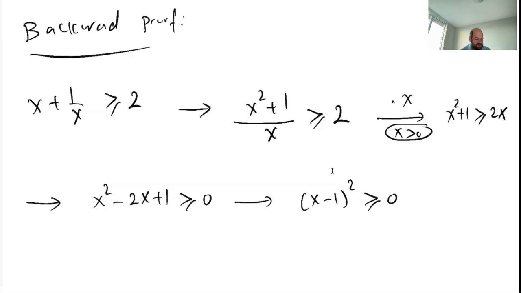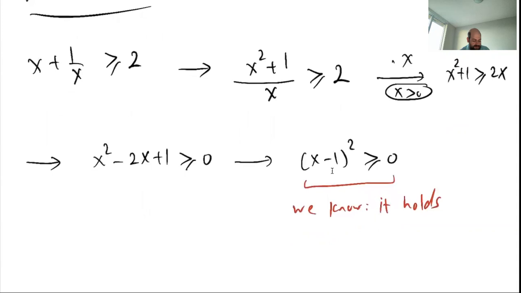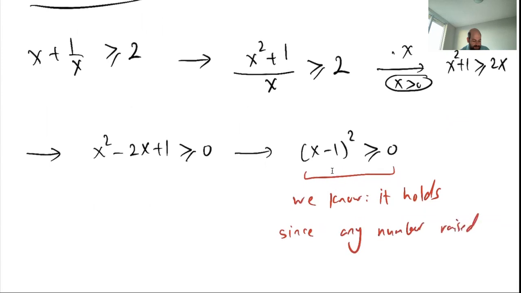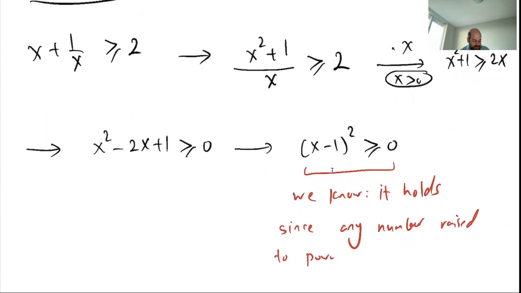So we know this holds, since any number raised to power 2 is non-negative. Okay, so I start with the goal and I reached a statement that I already know is true.